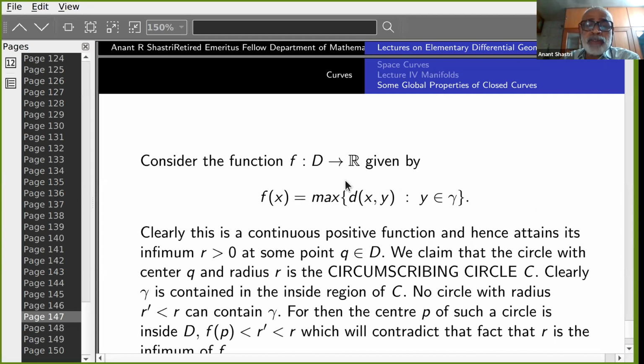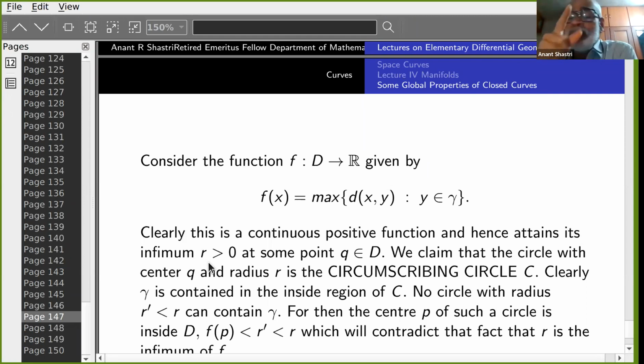Now x is inside this compact set. Therefore, its infimum is attained. That becomes a minimum. The infimum will be positive because it is attained. Otherwise, the infimum of a positive function may be zero.